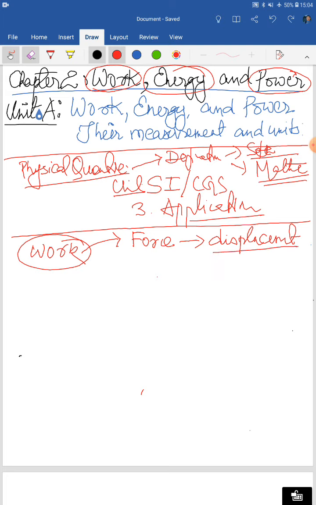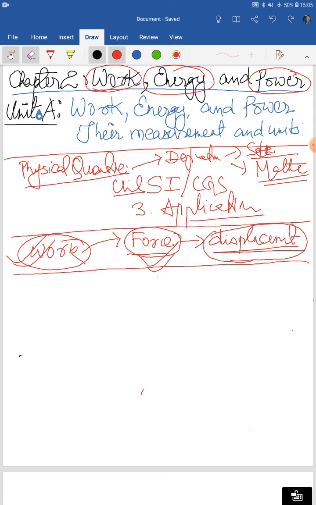All right, so there should be force acting on the body, and this force must produce what? Displacement on the object. Then only we say work is done. So the sentence form of definition of work is: work is said to be done only when the force applied on the body makes the body move, that is, there is some displacement.